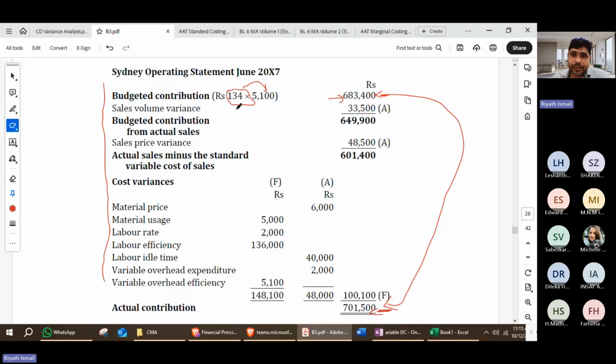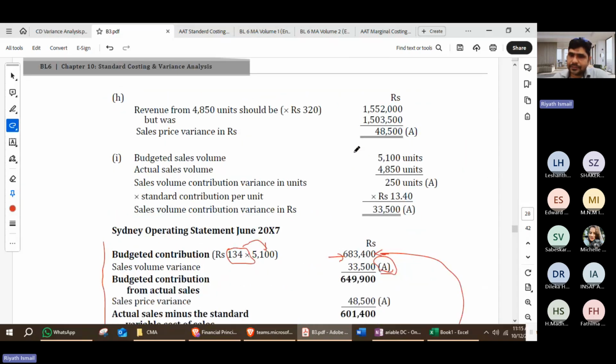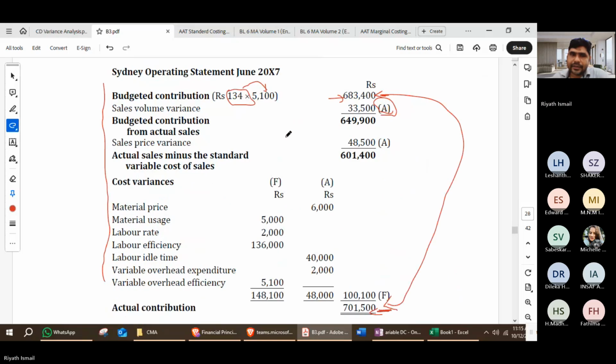And the sales volume variance adverse 33,500. Yeah, this one. Sales volume variance. So budgeted sales volume variance. And then they receive this amount and the cost side.